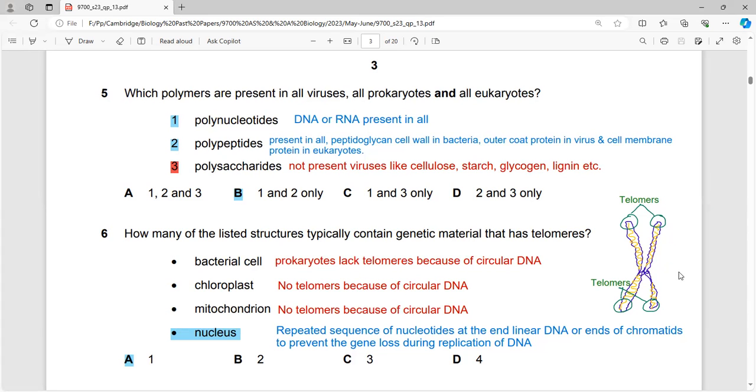What about polysaccharide? This is present in prokaryotes and eukaryotic cells, but it is not present in viruses, for example cellulose, starch, glycogen, lignin. These are carbohydrate polysaccharides, and they're not present in viruses. So our correct option is that 1 and 2 are correct. So B is our correct answer here.